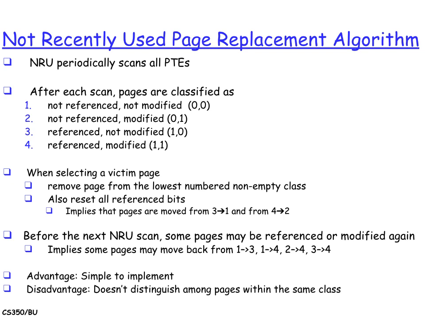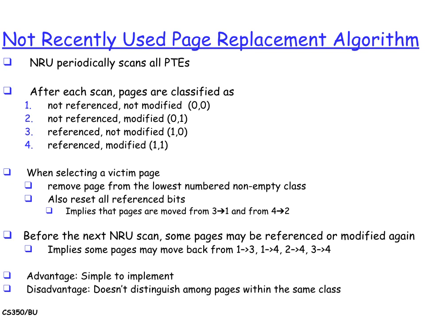If class 1 is empty, then it would look at class 2 and pick a page from class 2. If class 2 is empty, it will go to 3 and then 4. Whenever it finds a non-empty class, it just picks any one page from the first non-empty class and evicts that page. When it evicts a page, it also resets all referenced bits.